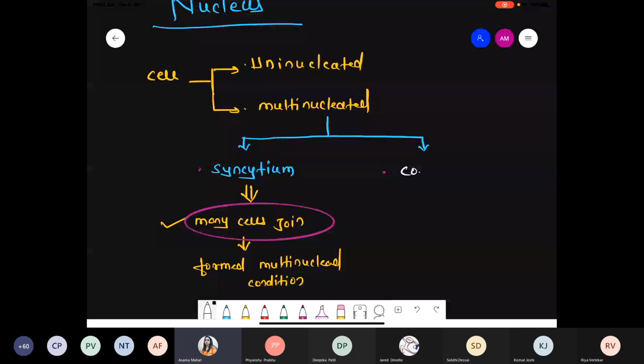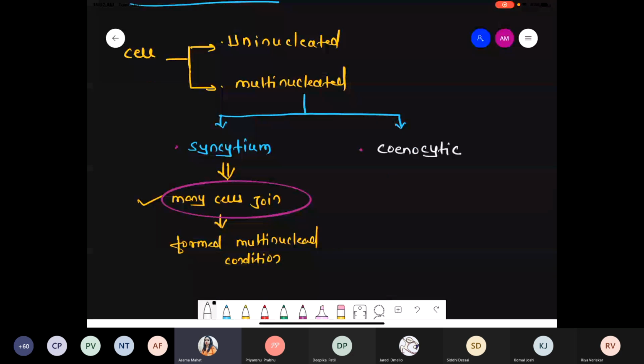In case of the fungus, we already discussed coenocytic, nothing but inside the cell, during the cell division, only and only karyokinesis will occur, no cytokinesis, no cytoplasmic division.